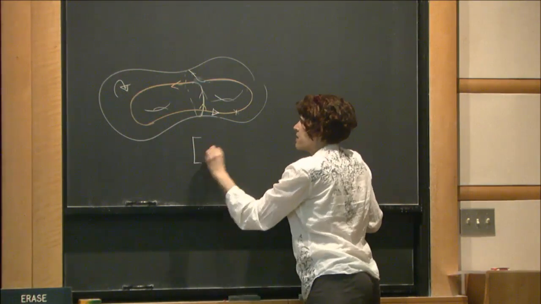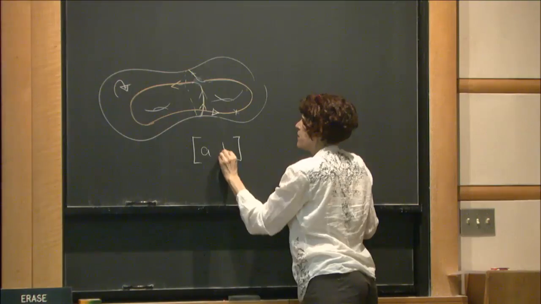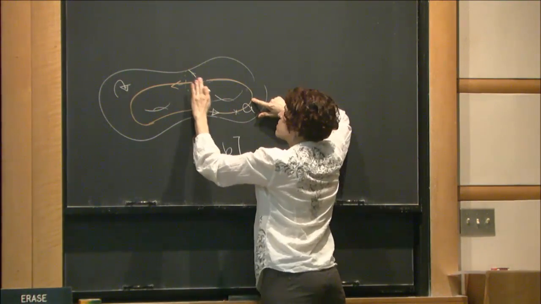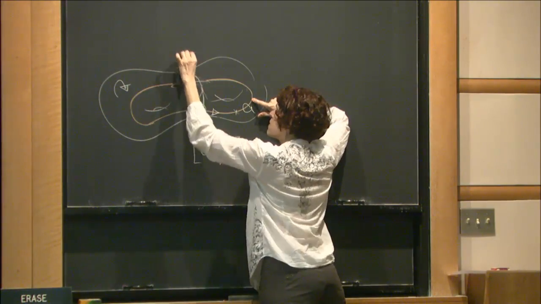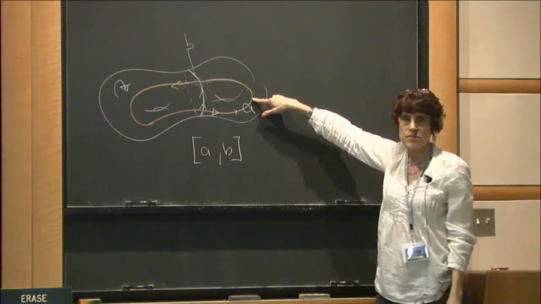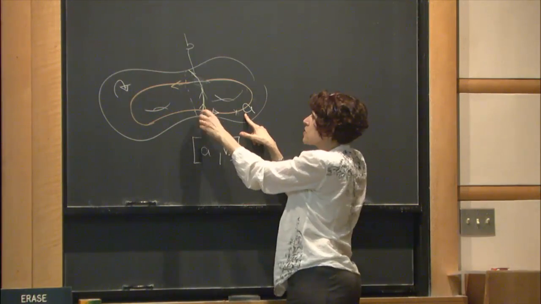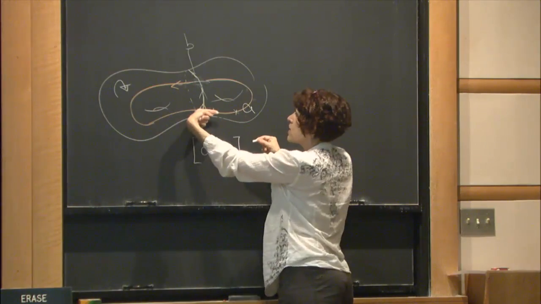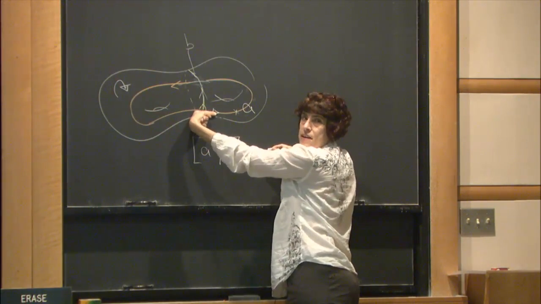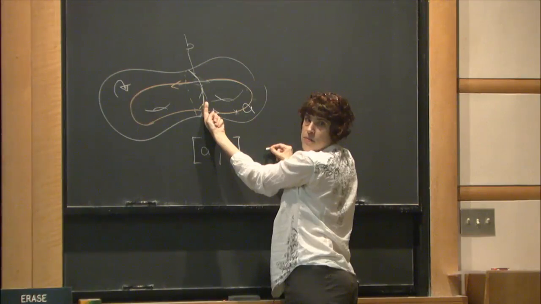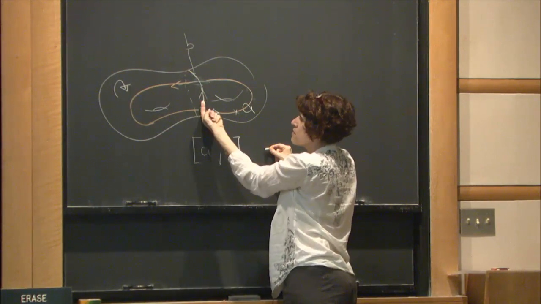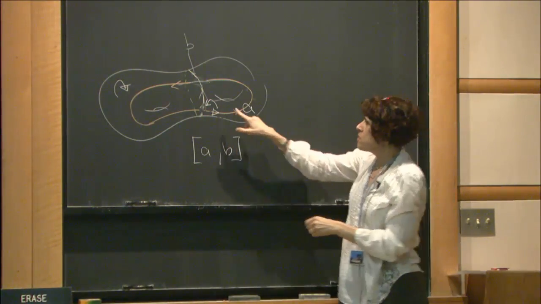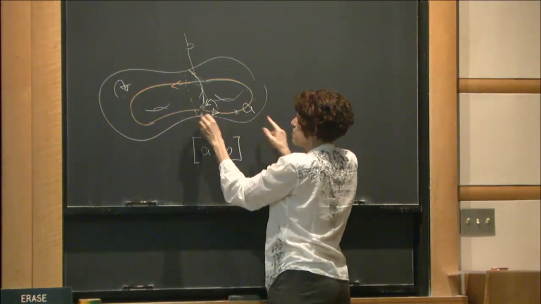When I compute the bracket, this is A, B. So say this is a representative of A, and this is the representative of B. These two curves at this intersection point determine an orientation of the surface: look at the forward direction in A and move it to the forward direction in B. So here is my orientation. So this one determines this orientation. So I compare: is this the same as this? No. So you get a minus at this point.